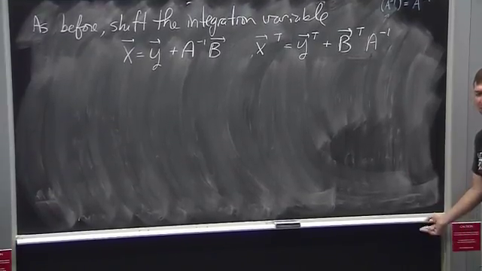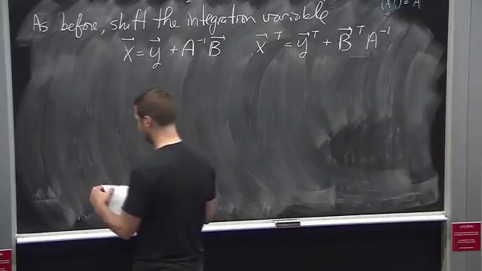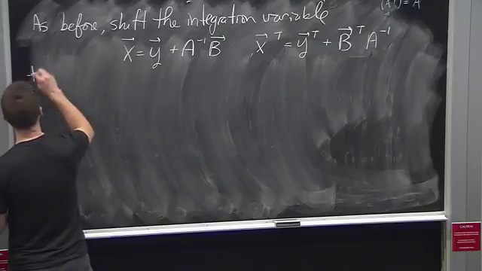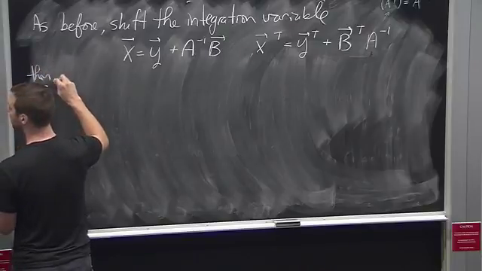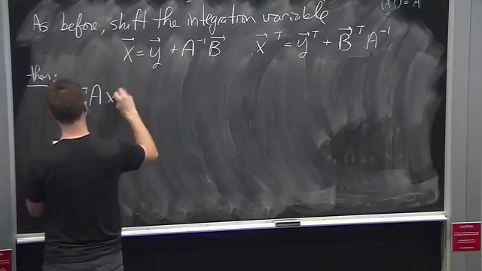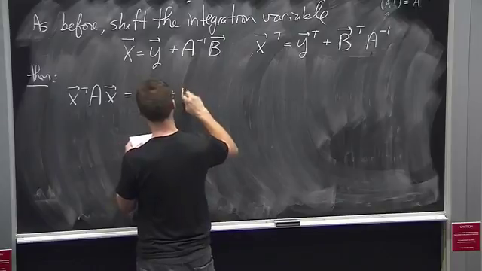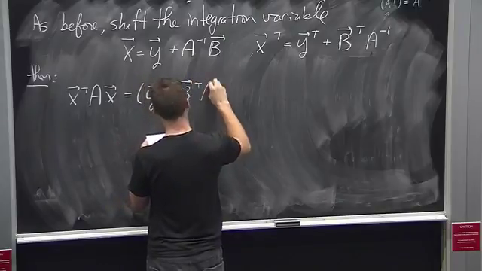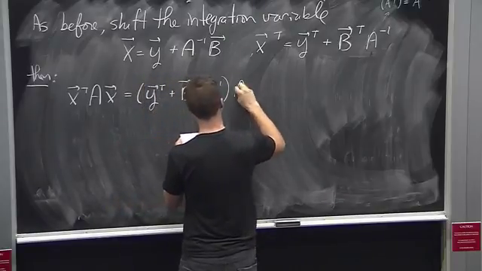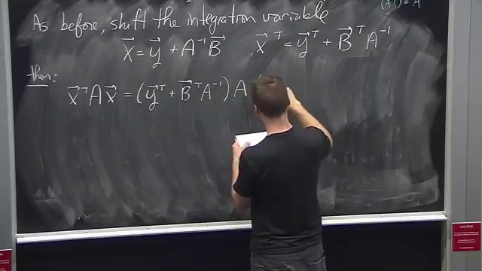You can just do the proof. Complete the squares. I'll just do it really quick. There are two terms. That first term is x transpose A x.